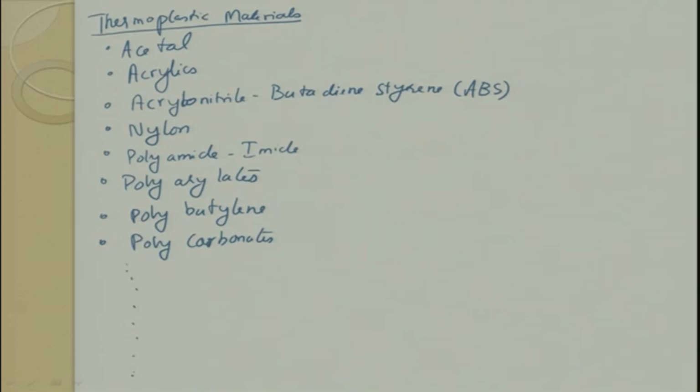So, for example, nylon you can think of making gears, right, and polycarbonates you can think of having electrical and electronics applications based on these materials. So, like this you can have so many materials which are thermoplastic.